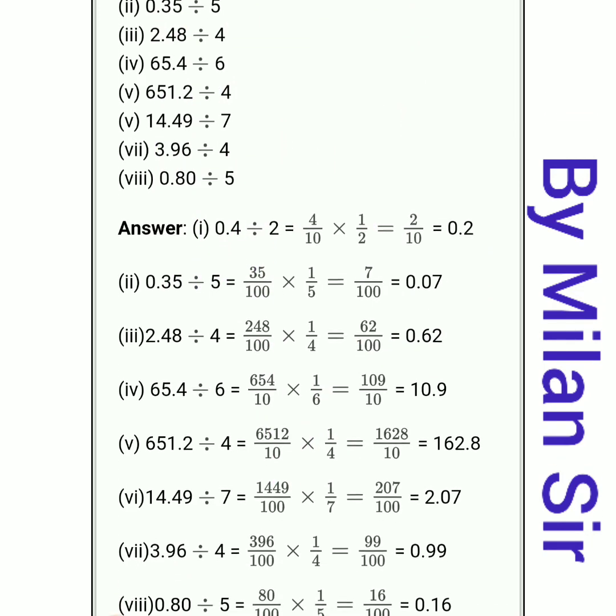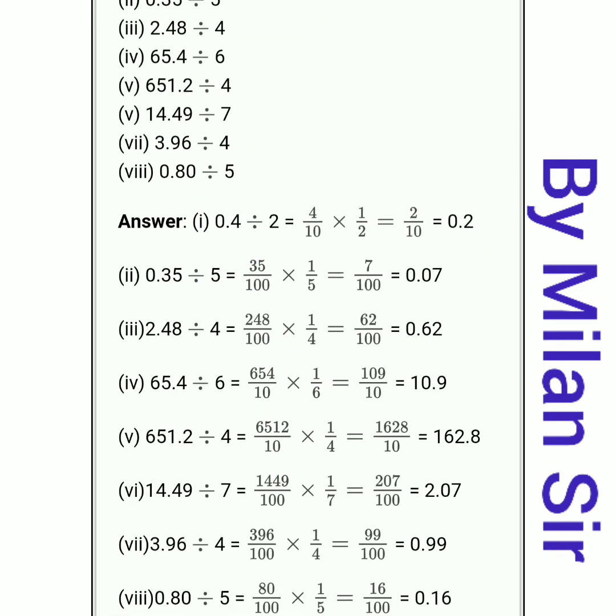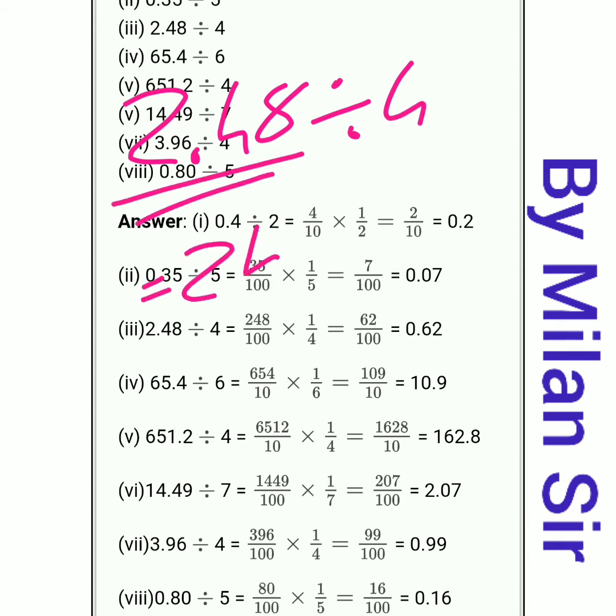Okay, then question number 3. 2.48 divided by 4. First of all ignore the decimal point, so it is 248, and in denominator, after decimal point two digits are present, so we need to put here 20, that means 100.